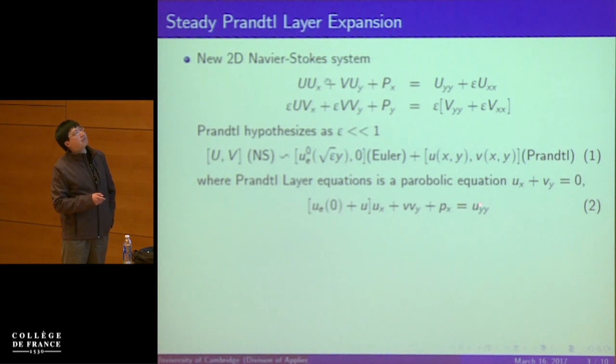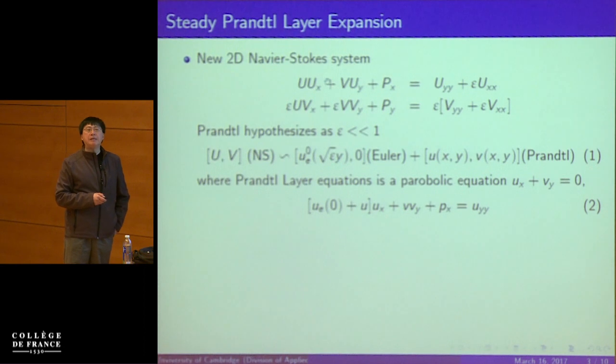By identifying this square root of epsilon scale, he can derive another equation of the following form. You still have the divergence free condition, but everything is now in the rescaled variable.